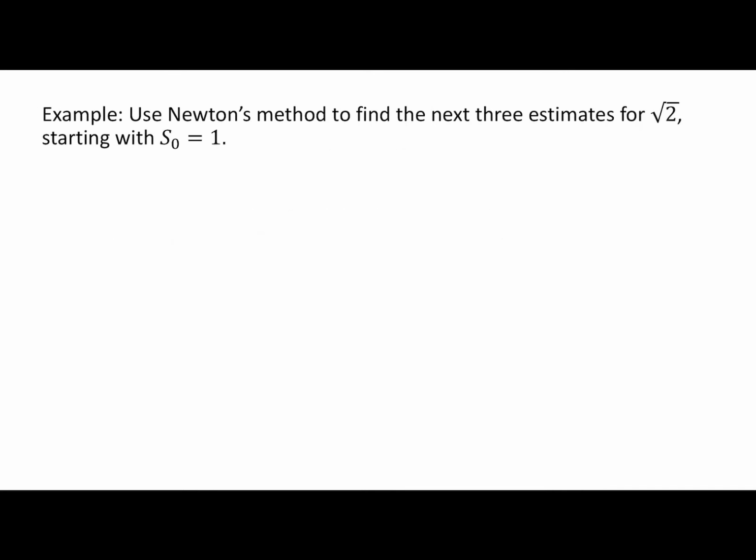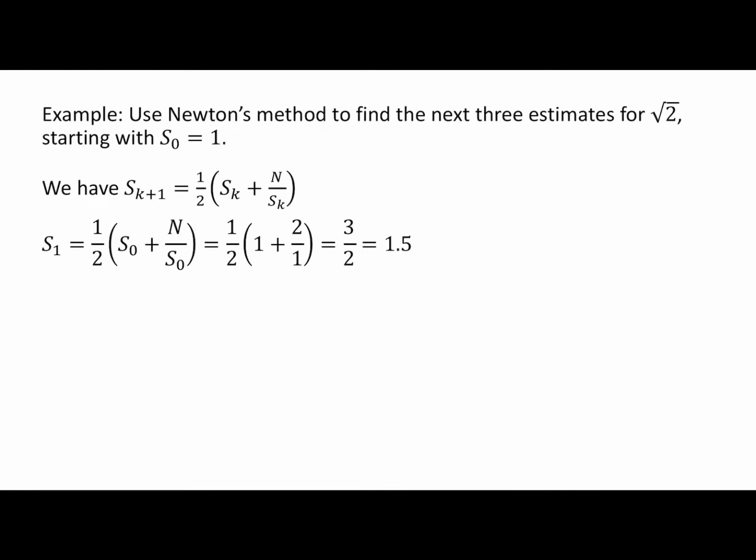We want to find three estimates for the square root of 2, starting with an estimate of 1. So my first, or my 0th estimate is S naught equals 1. And so to find S1, I'm going to plug into this formula. So S1 is 1/2 times the previous term, S naught, plus n over S naught.